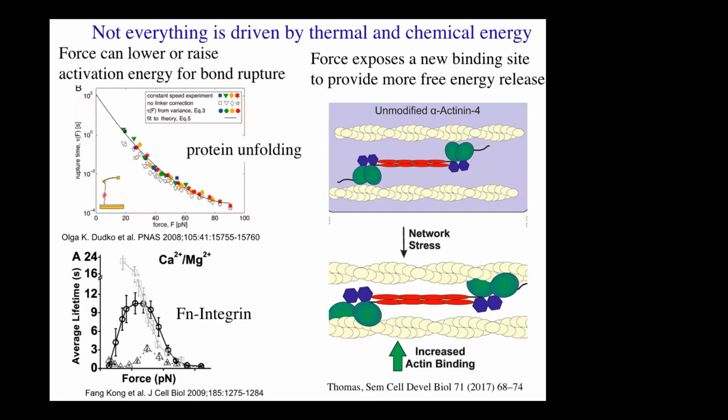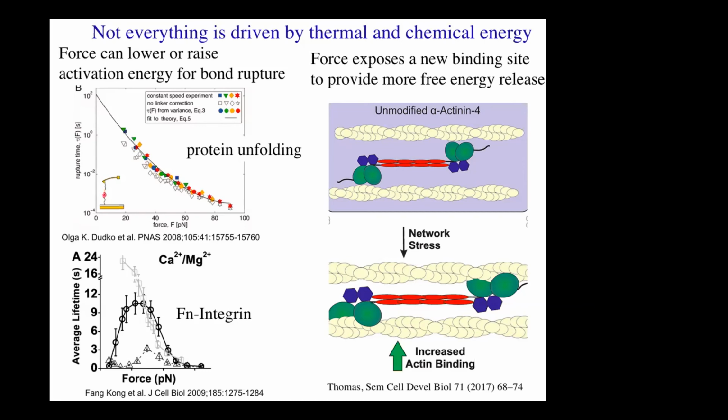So if you don't pull on it at all, at least in this example on the left axis, it takes about 100 seconds for spontaneous thermally driven unfolding of this little protein domain. But the more force you put on it, the faster it unfolds. And that faster unfolding is enormously faster.